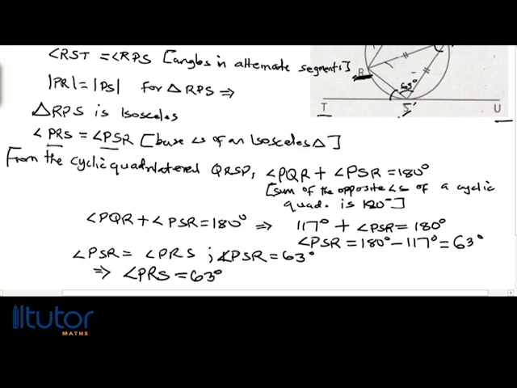So PRS is also 63 degrees, because they are base angles of an isosceles triangle.